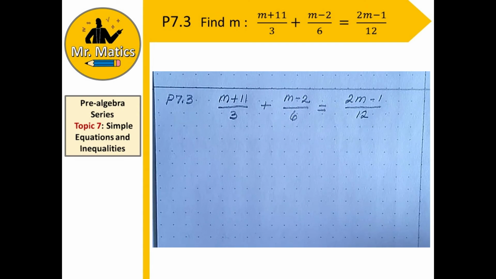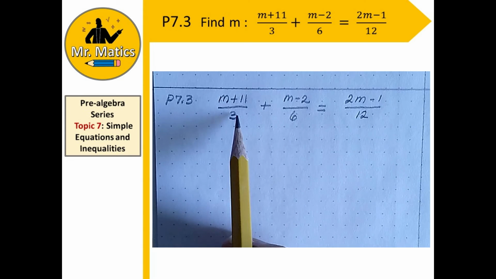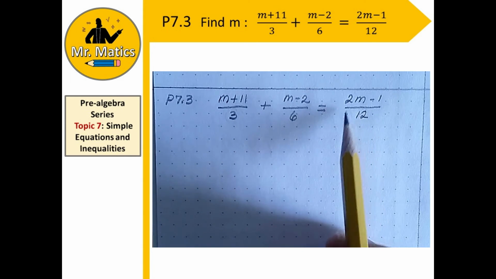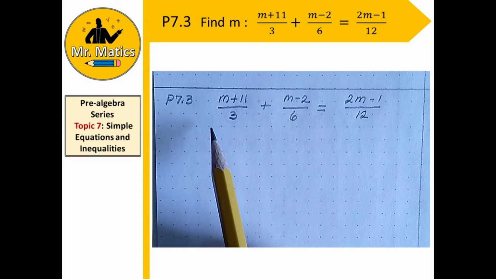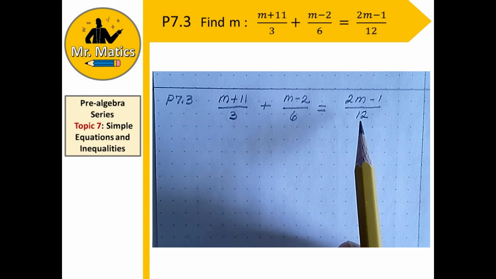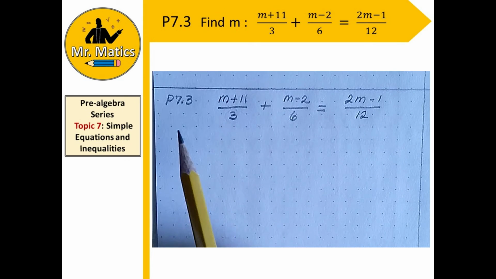The other quick way is just we are seeing that the factor 3, factor 6 and factor 12 has both factor 6 and 3 in them. So if I multiply both sides by 12, I'll get rid of these fraction forms.